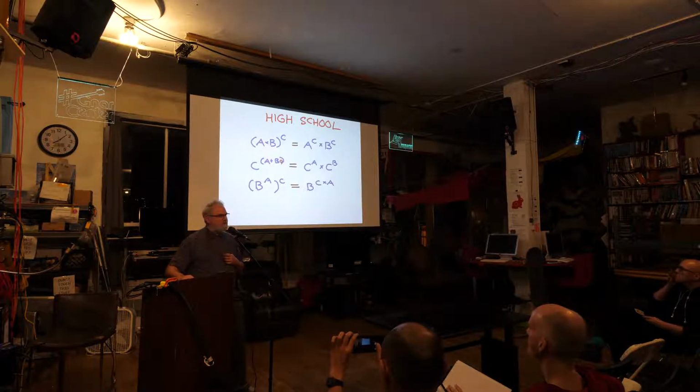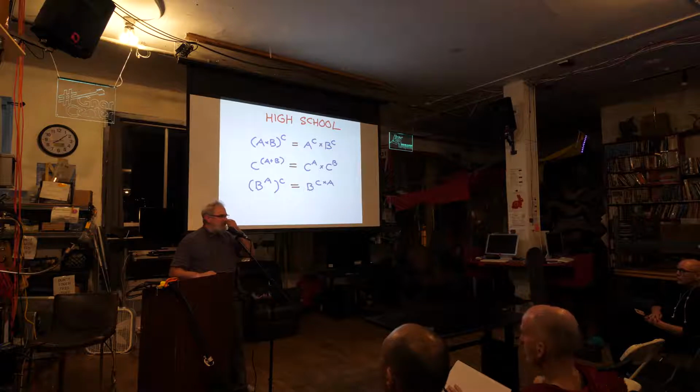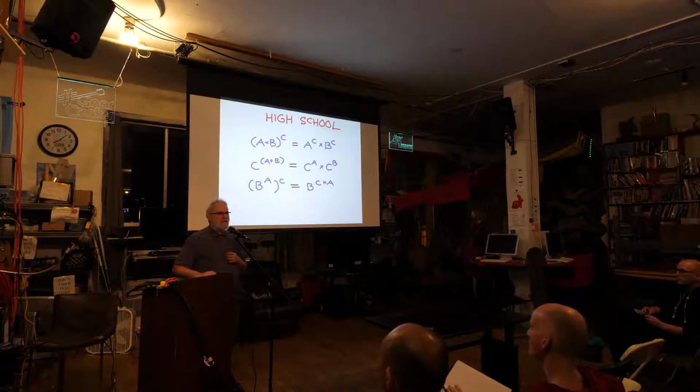C to the A plus B is the same as C to the A times C to the B. And B to the A power itself raised to the C power is the same as B raised to the C times A power. And you learned all three of those equations back in high school. I'll stop there. Thank you very much.